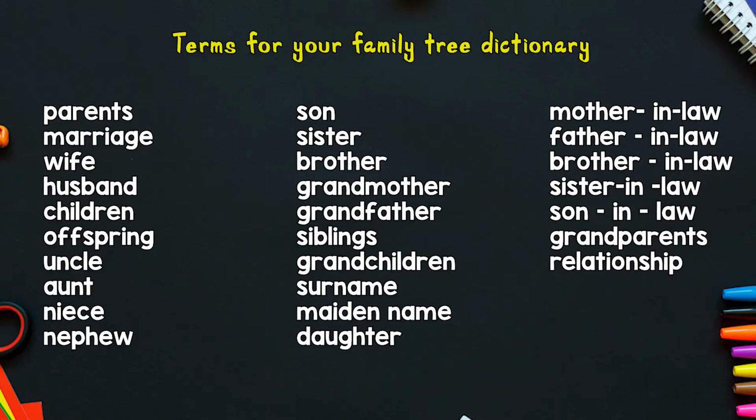Now we use the words parents, marriage, wife, husband, children, offspring, uncle, aunt, niece, nephew, son, sister, brother, grandmother, grandfather, siblings, grandchildren, surname, maiden name, daughter, mother-in-law, father-in-law, brother-in-law, sister-in-law, son-in-law, grandparents, relationship.